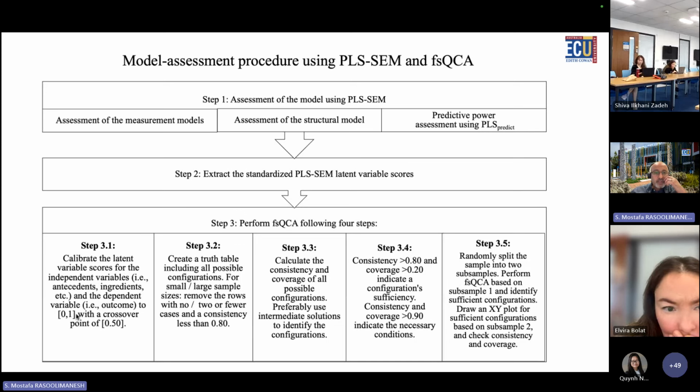Calibrate data by considering 3, 0, and -3 as full membership, crossover, and non-membership. Then create a truth table, do the analysis, and compare with the coverage and consistency thresholds. Also, you can do a necessity analysis to identify necessary conditions. And in the last step, you can do a predictive power analysis.